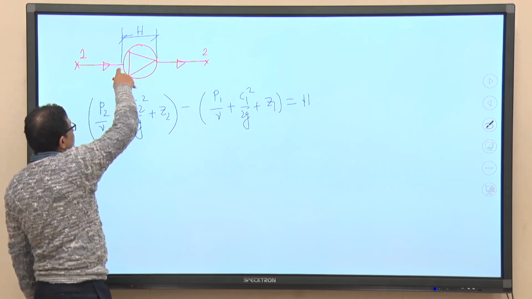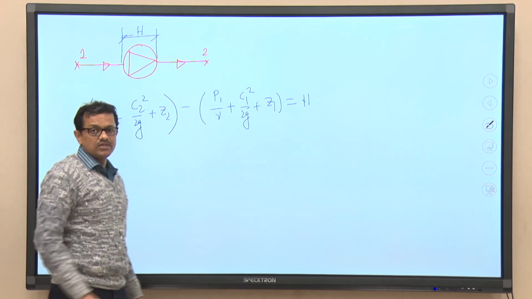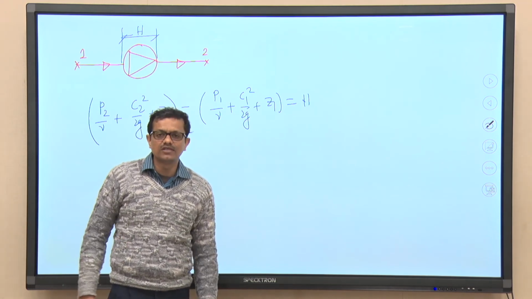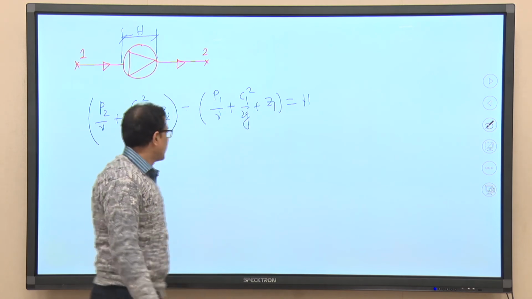Definitely the pressure of the liquid at point 1 and point 2 is not the same, and that is obvious because of this pump. The sole purpose of using this pump is to raise pressure.